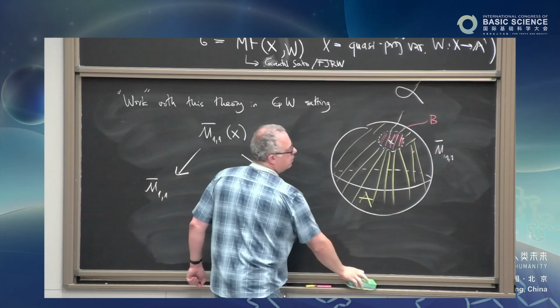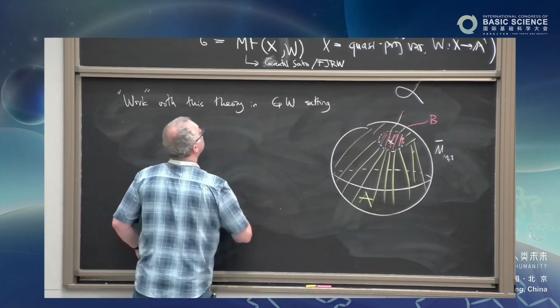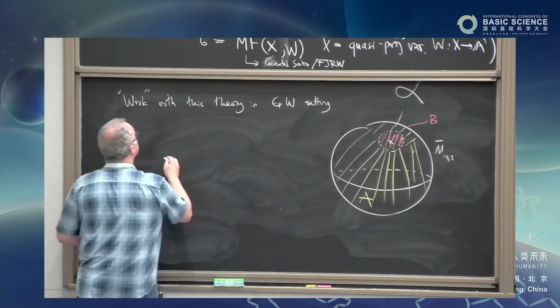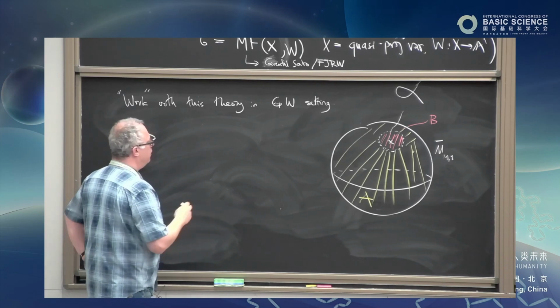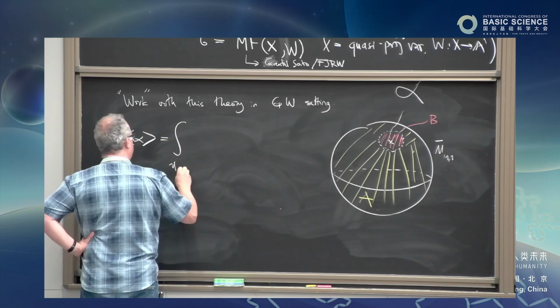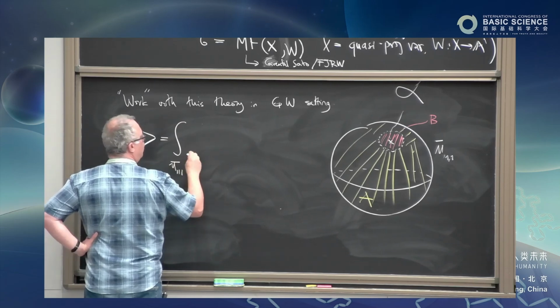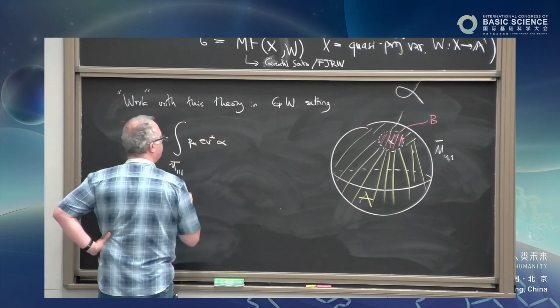So if you look at what we were trying to calculate, the Gromov-Witten invariant of some alpha, which is a cohomology class on X, should be the integral on M11 bar of P lower star F upper star of alpha.